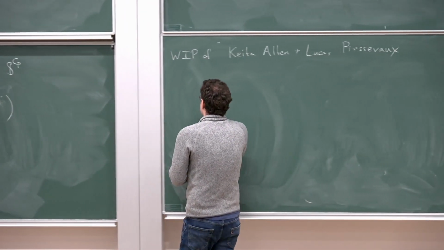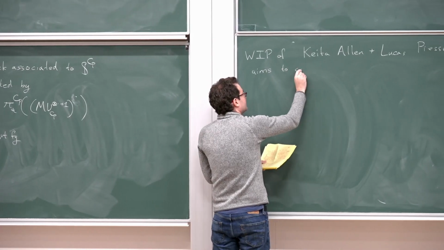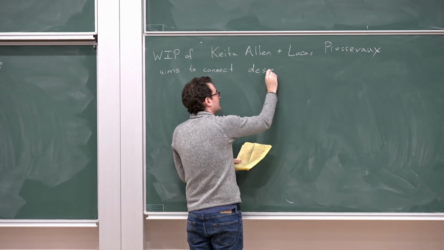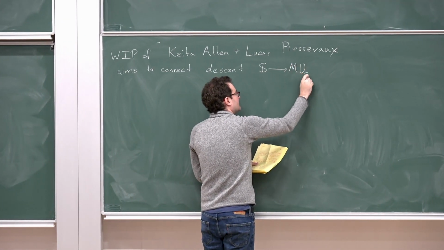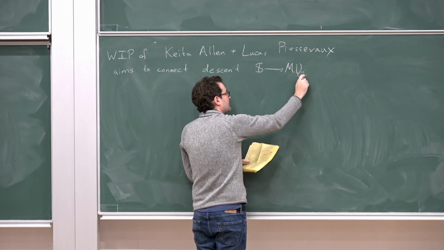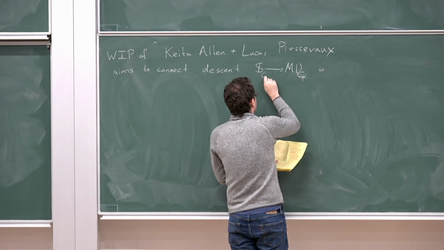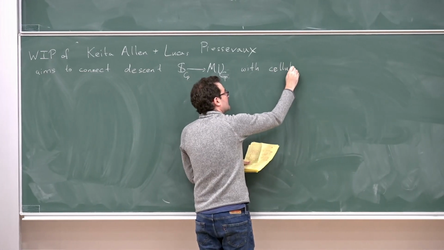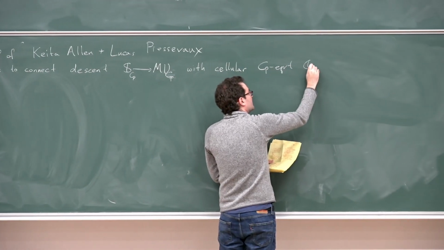So I'll just say that this aims to connect descent S to MU_G, let's just say CP for simplicity, with cellular CP equivariant C-motivic homotopy.